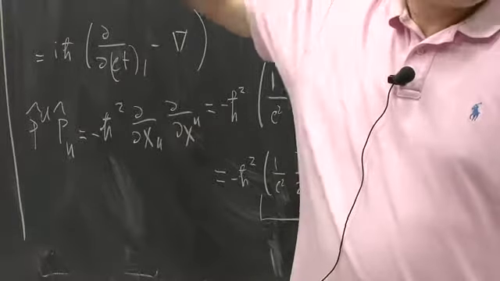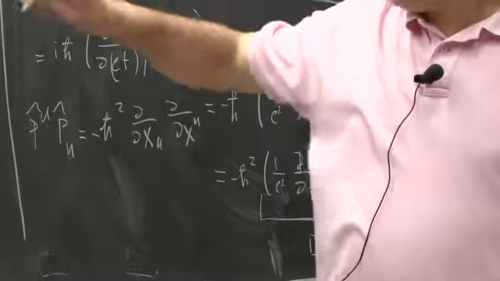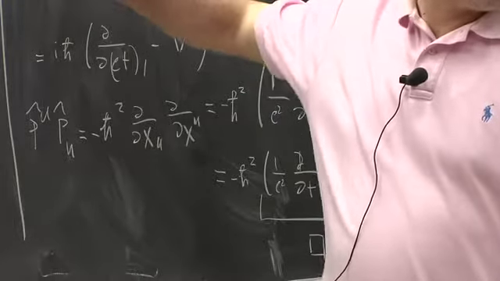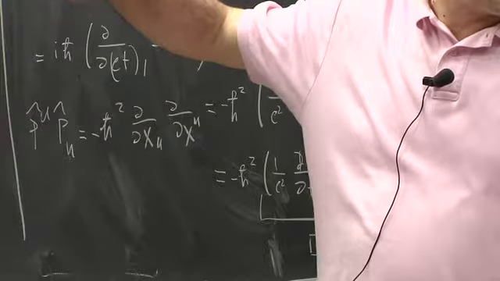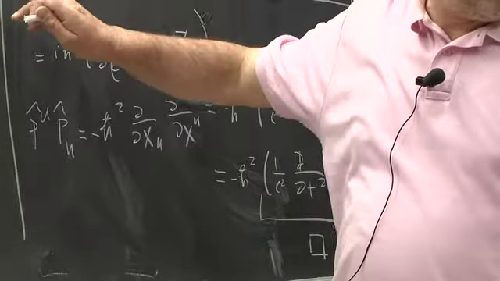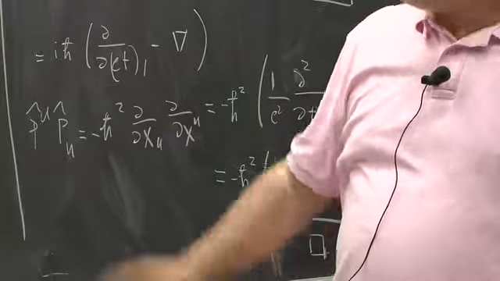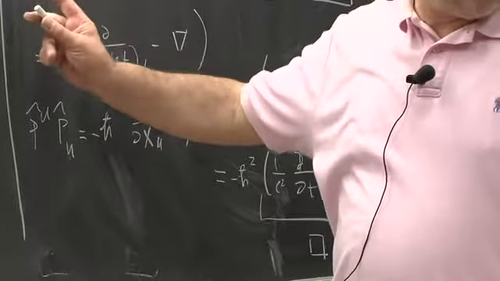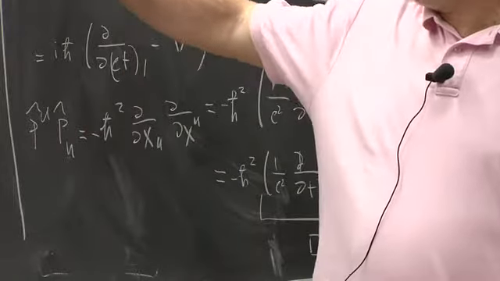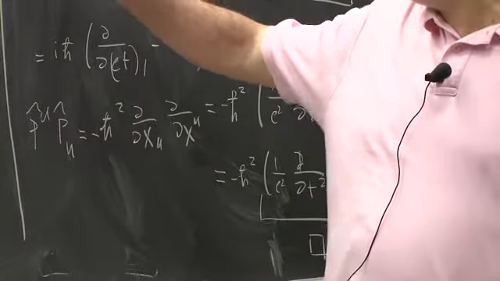That is a C number, a number. Okay, this is an operator. So I define this operator. If you don't want to call it P, you can call it in another manner, if it confuses you, that is related to that, okay? But this is an operator, and this is a definition, so you have just to take it. From now on, every time you see a hat on a P mu, it means this.